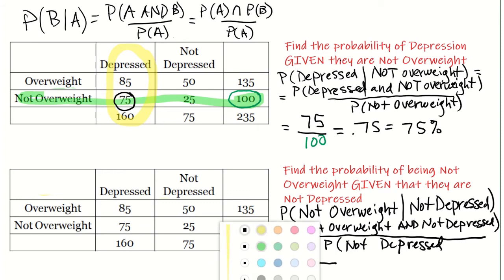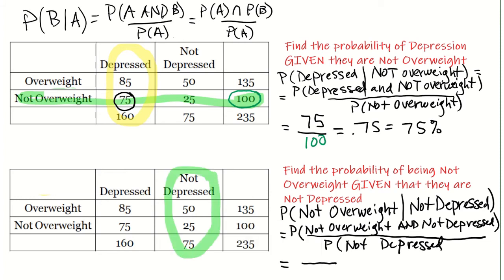So once again, I'm going to do the denominator first, and I'm going to look for all of the people who have identified as not being depressed. And so the total number of participants that said they weren't depressed is going to be 75.